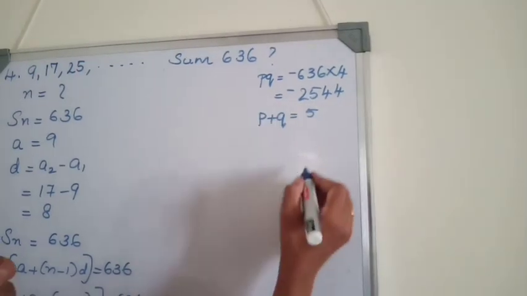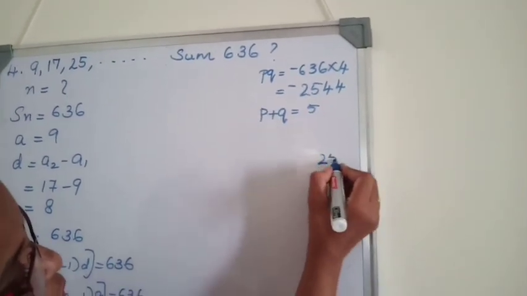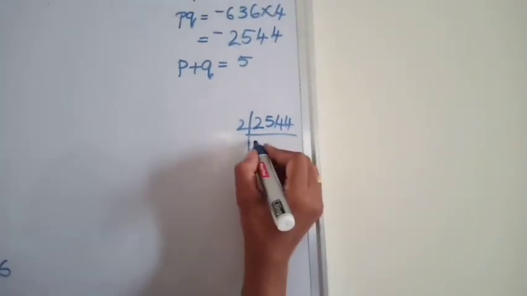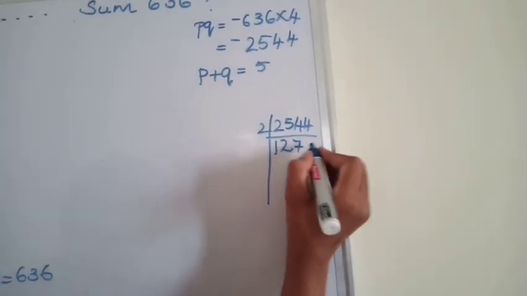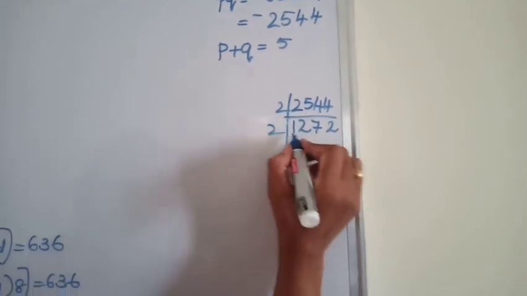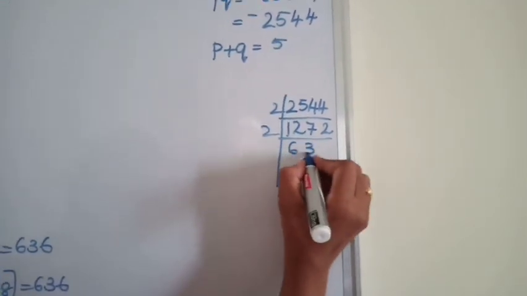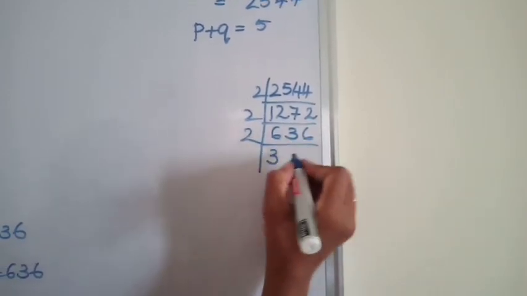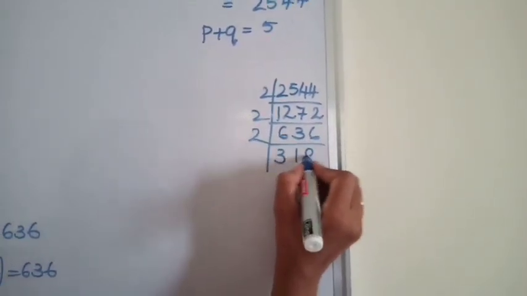So we will factorize this 2544, prime factorization. 2 1s are 2, 2 2s are 4, 2 7s are 14, 2 2s are 4. Again 2 6s are 636 we will get. Again 2 3s are 6, 2 1s are 2, 2 8s are.